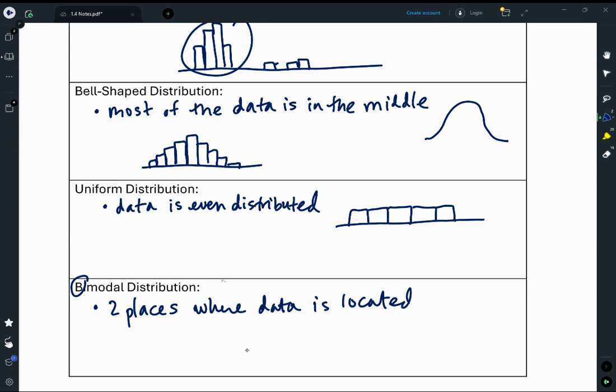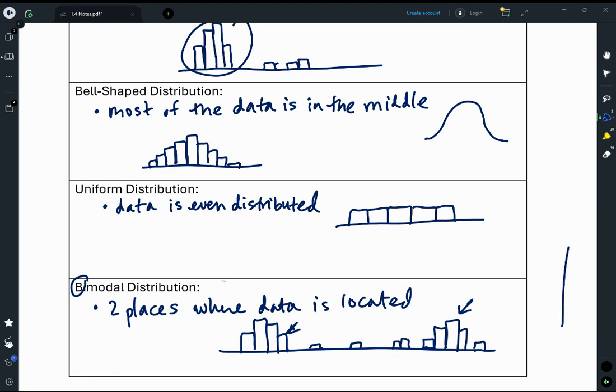So a typical bimodal graph might look something like this, where I've got some big bars over here, and then maybe some little ones in the middle, and then a bunch more over in another spot, kind of like this. So that would be bimodal. So we have a lot of data right here and a lot of data right here. So that's bimodal.